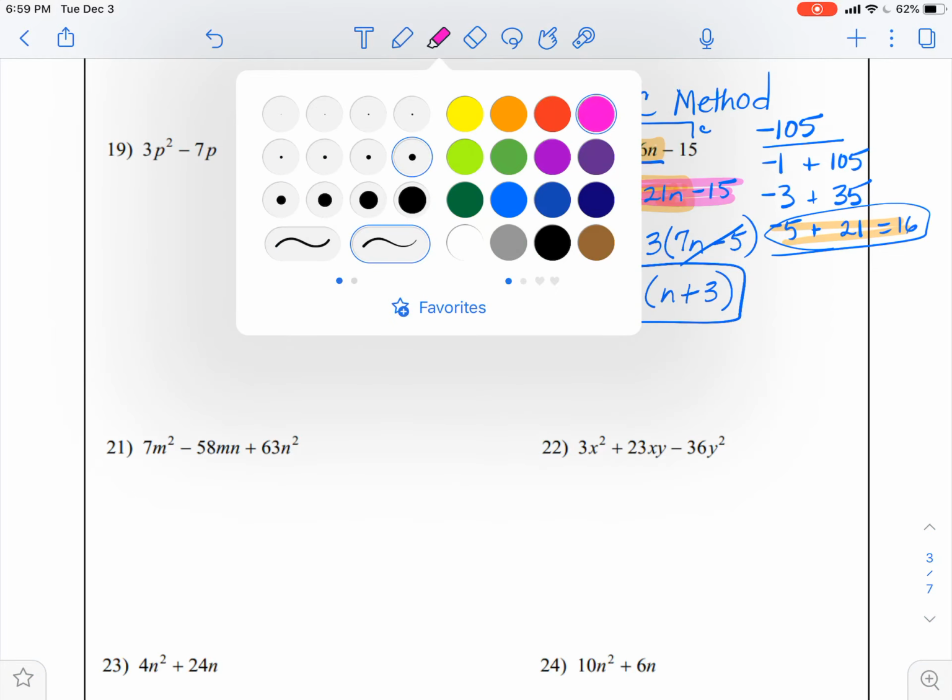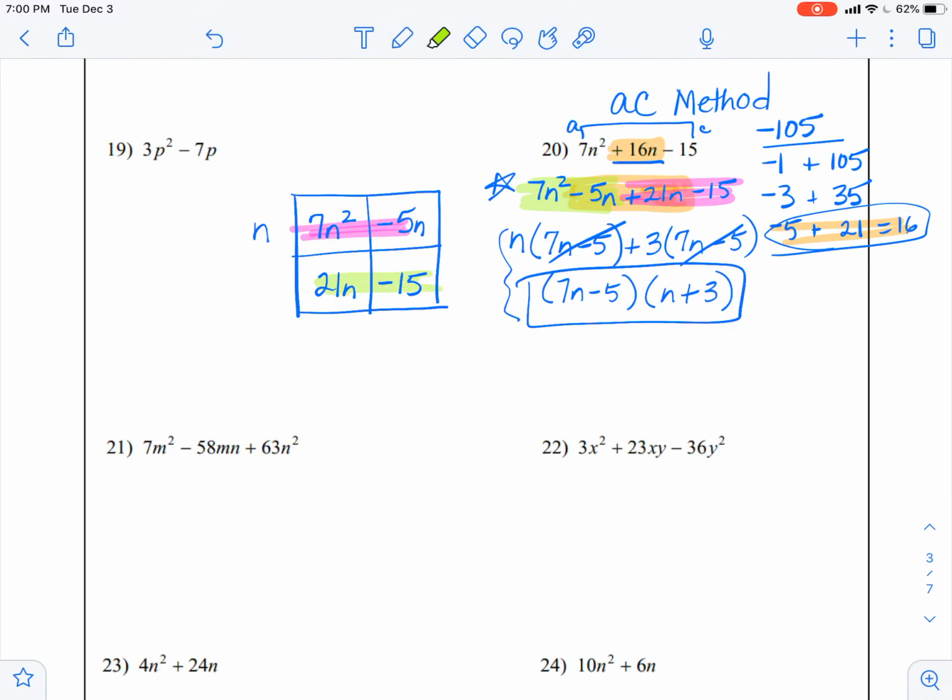What do these 2 have in common? They have a 3 in common. And so now I just go backwards, because if I go that area model, if I want it to be 7n squared and I have the n already, what do I need to multiply it by to get 7n squared? That would be 7n.